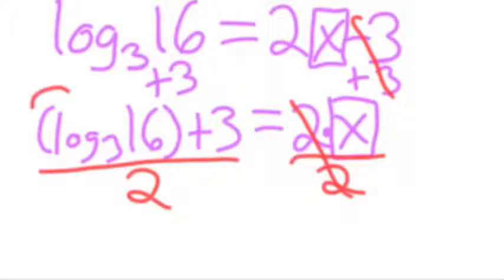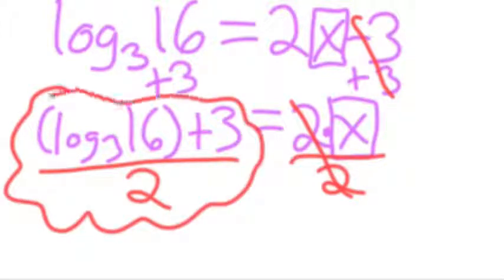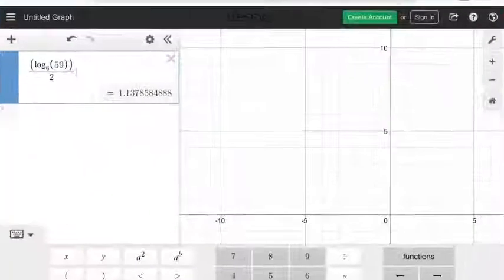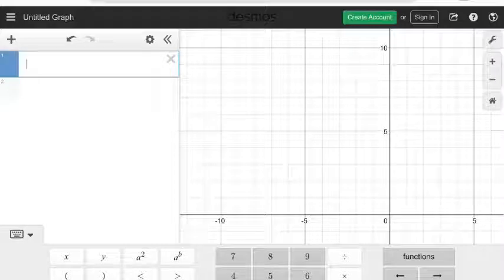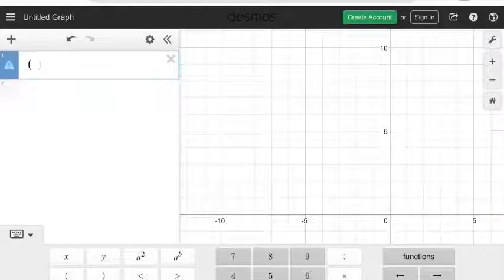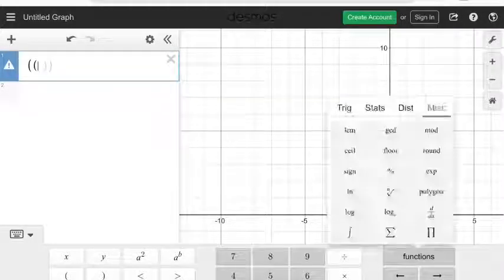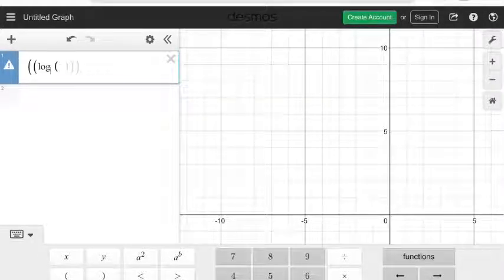So we're going to put this whole thing in Desmos to get our answer. So we'll have x equals, let's go put that in Desmos. I have parentheses, and then another parentheses just for our log. The first parentheses is for our whole numerator.